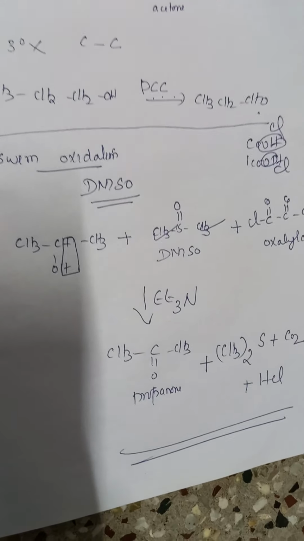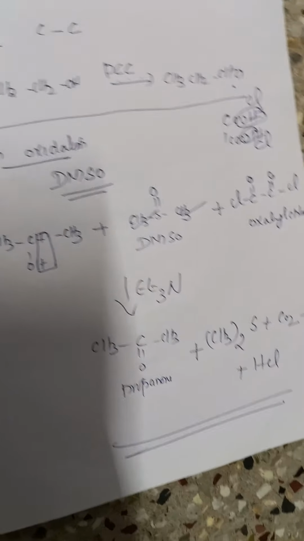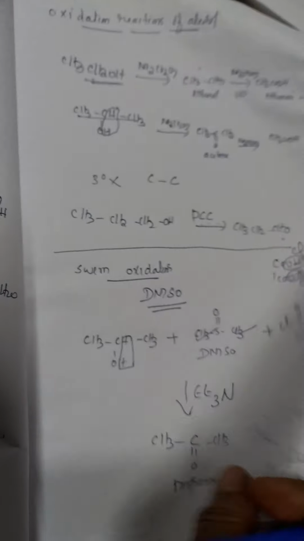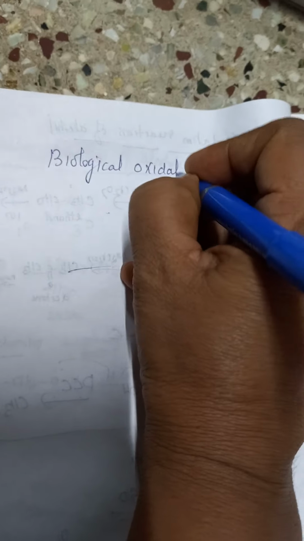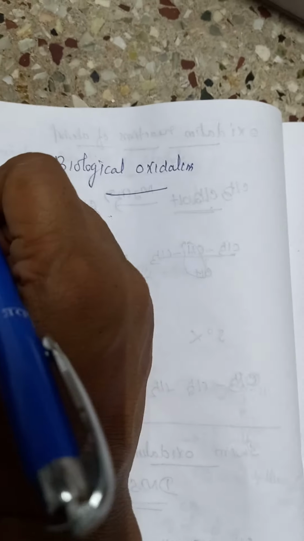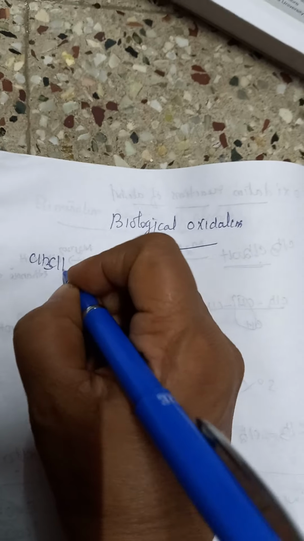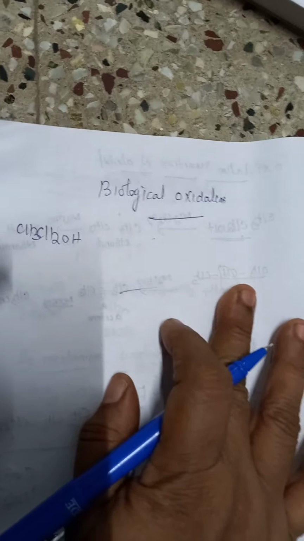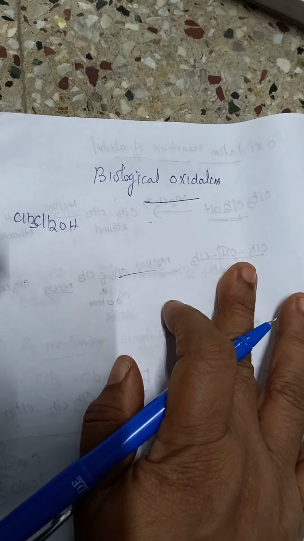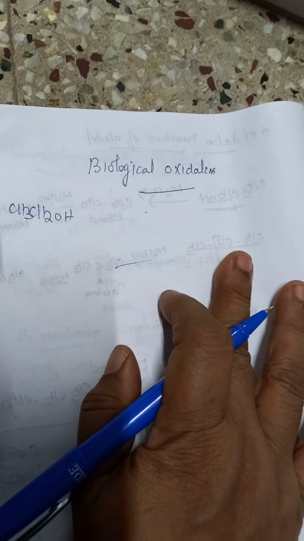Next, one more oxidation reaction that takes place is called biological oxidation, in the presence of an enzyme. Ethanol, CH3CH2OH. See, the fermentation of food consumed by an animal produces alcohol.